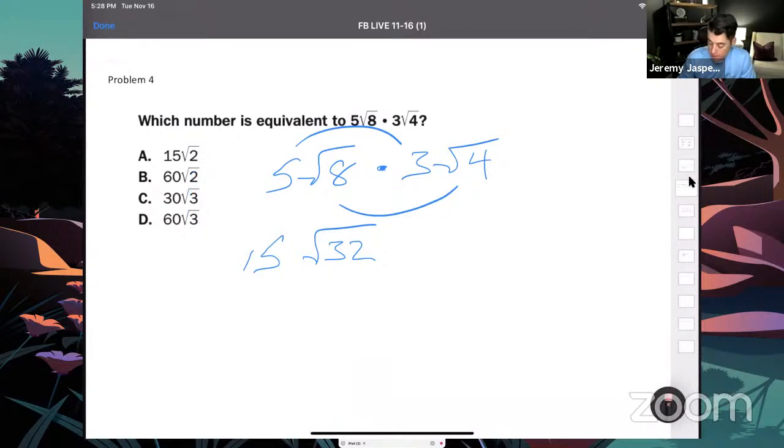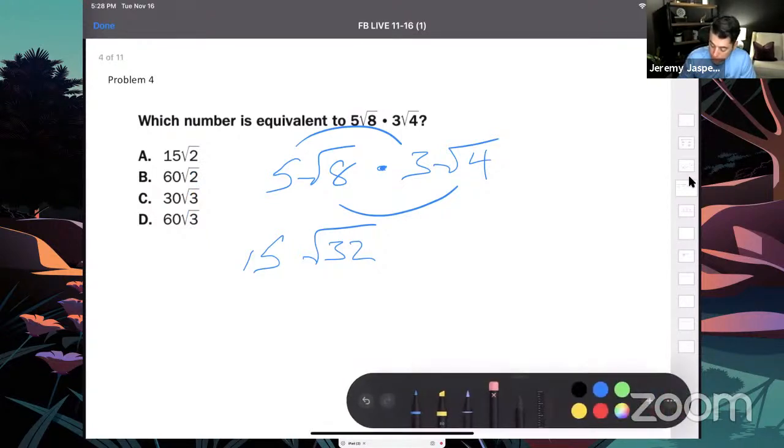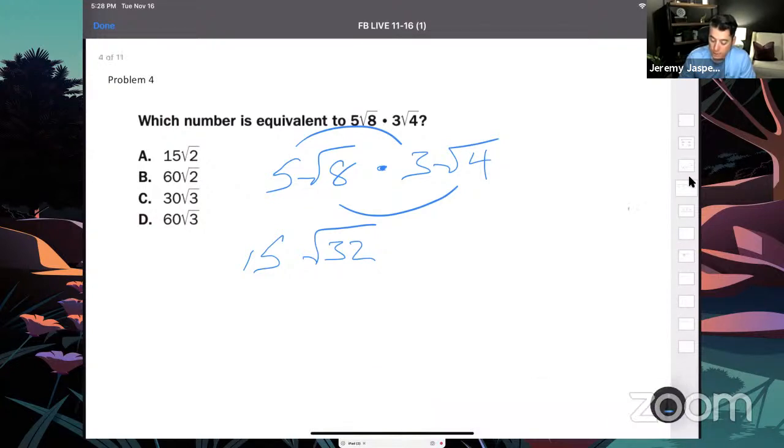So here we go with simplifying radicals. It's fairly easy. And if you ever see it on your test, they're not going to give you any large numbers to simplify. The goal is to just understand, can you simplify radicals? Radicals get simplified by finding perfect squares. So what are our perfect squares?